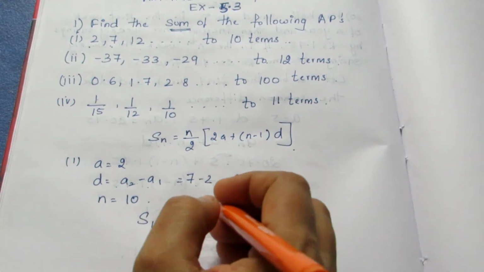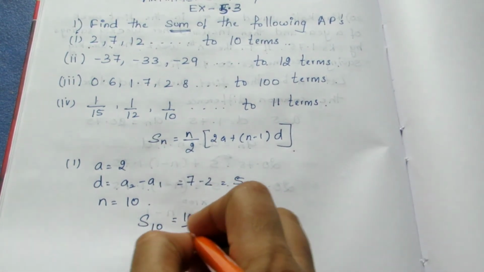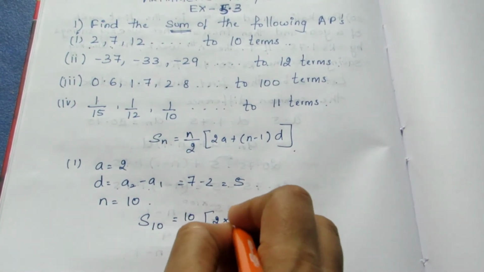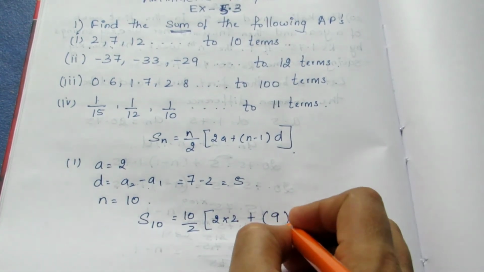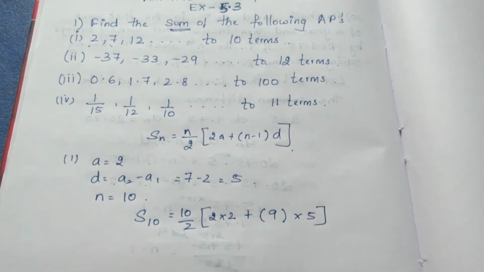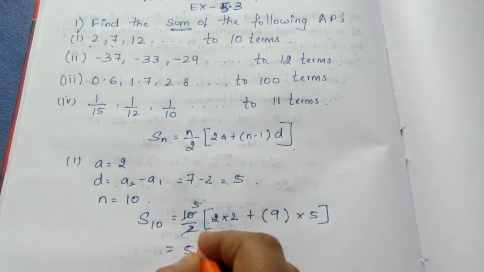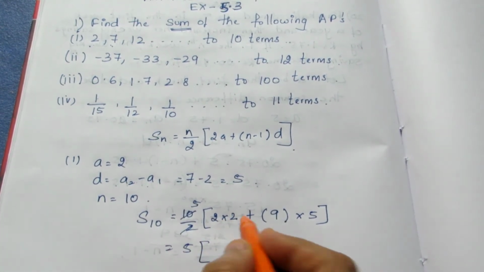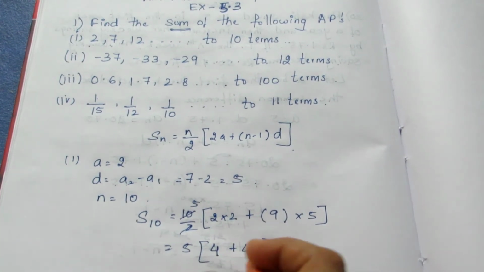S10 equal to n by 2, means 10 by 2, into 2a, means 2 into 2, plus 10 minus 1 is 9, into d, d we found to be 5. So 9 into 5. Here you can cancel, 5 twos are 10, so 5 multiply, first 4 plus 9 fives are 45.